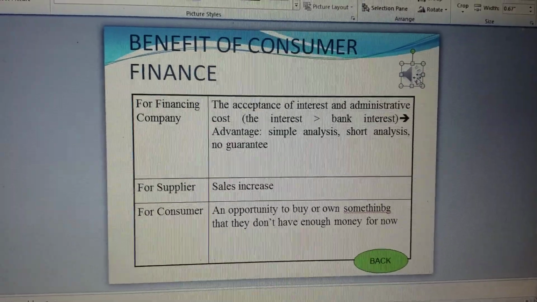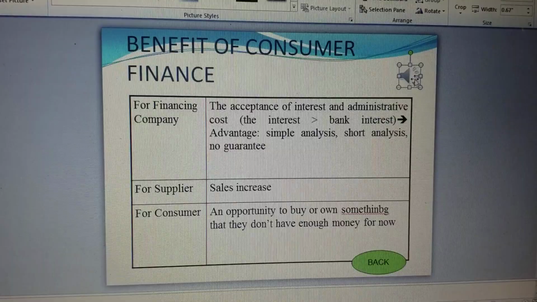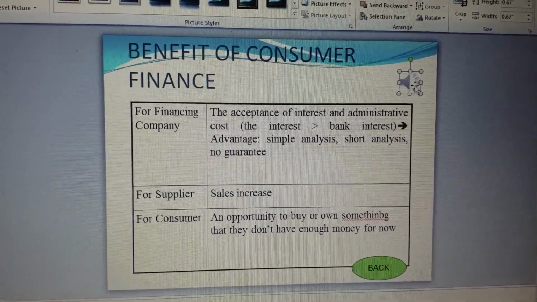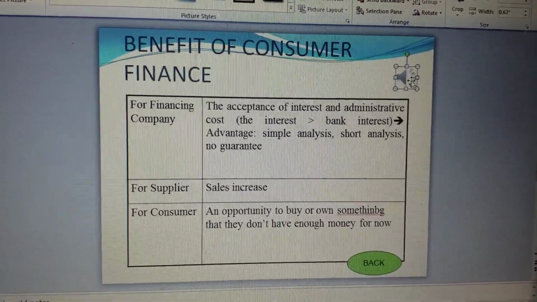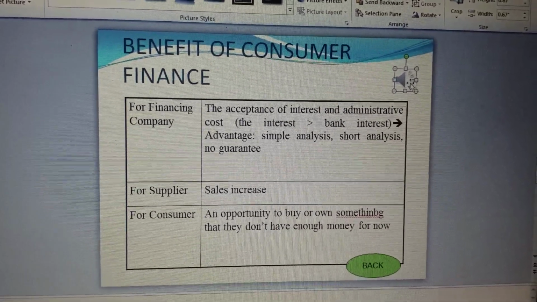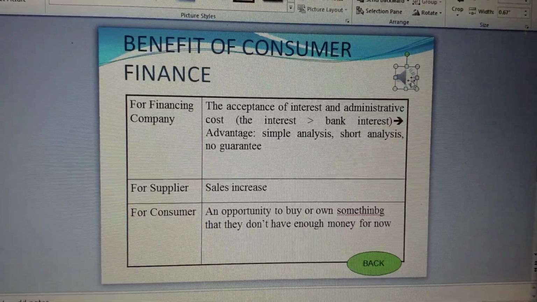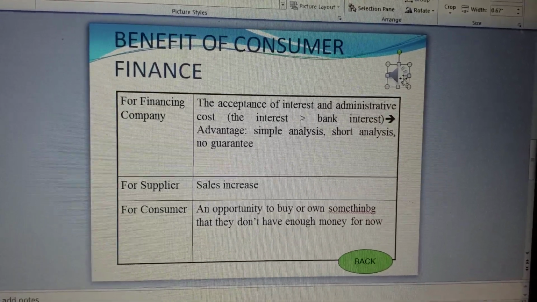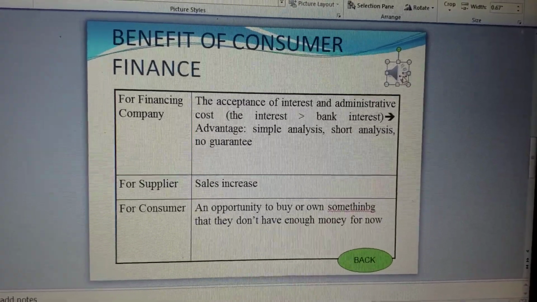It would also affect the supplier, because now the supplier could increase sales. It's what happened with motorcycle and car consumer financing. The sellers of cars and motorcycles get the advantage from the existence of these financing activities. It also gives the customer an opportunity to buy or own something that they don't have enough money for now.